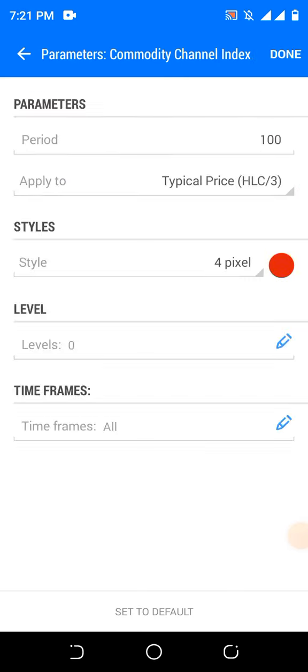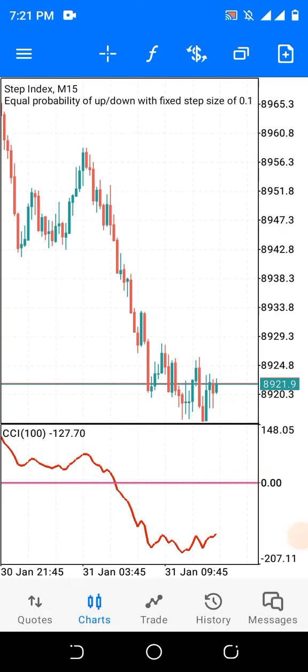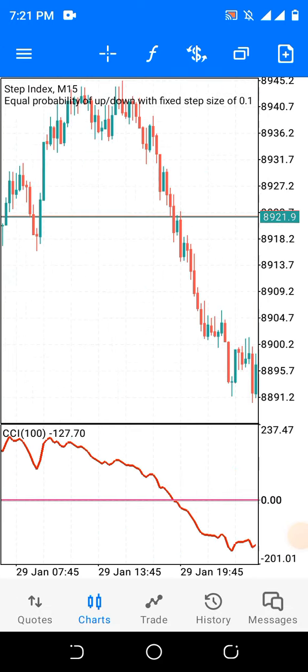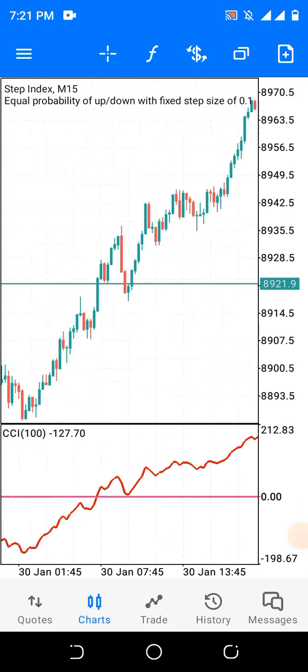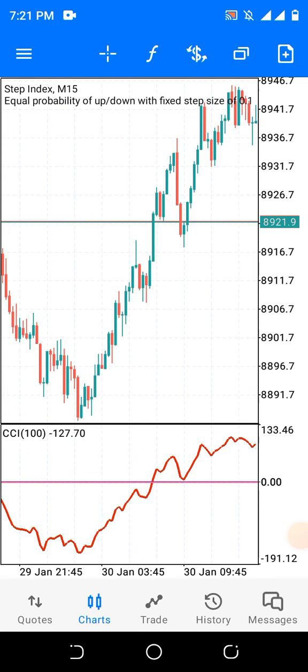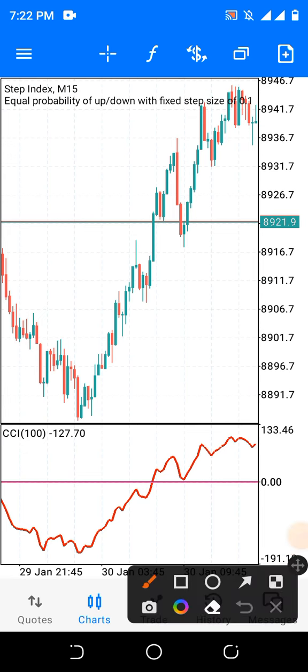That is all you need. Now on my screen, from the side of the CCI indicator, you will see a horizontal line.